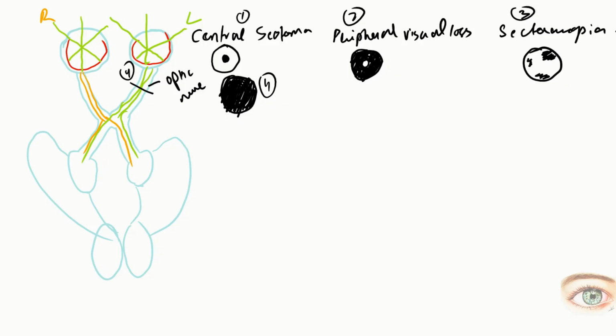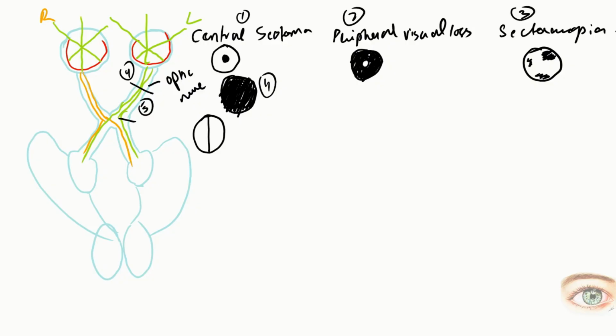Now at this point, if any lesion occurs on the very periphery of the optic nerve involving only the temporal fibers of the ipsilateral eye, this is going to cause hemianopia of the ipsilateral eye.